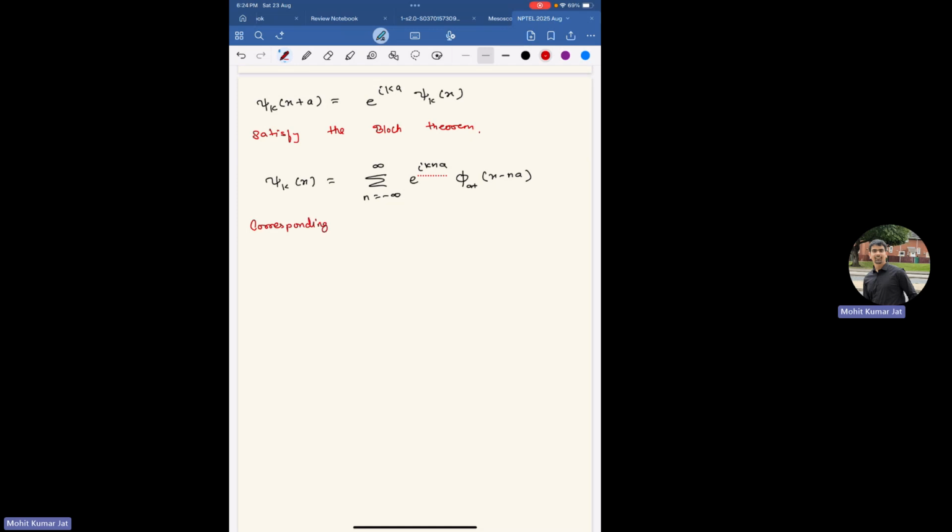You can easily estimate the corresponding energy, and that corresponding energy will be E k, psi k Hamiltonian psi k, the expectation value of your Hamiltonian normalized by the wave function. With this one, you can easily compute the energy. What you are doing essentially is, you have the electron which is bound to your atom in the tight binding model.